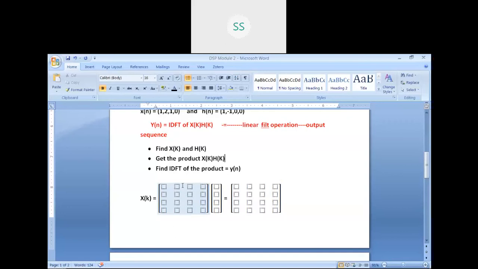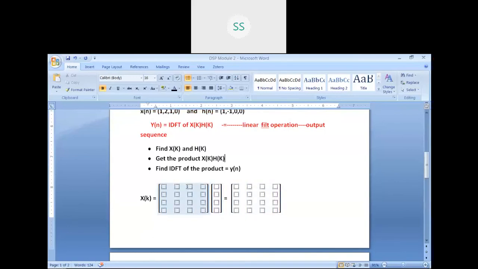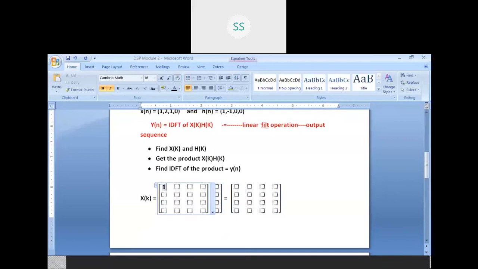Now give me the solution here. What is the X of k value? Go for the matrix method, write down the matrix, and go on solving it.